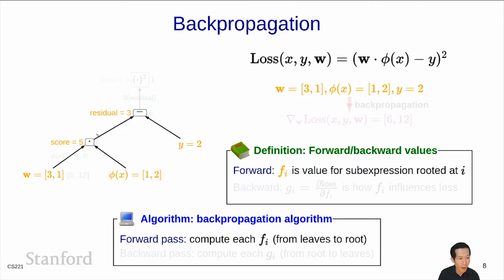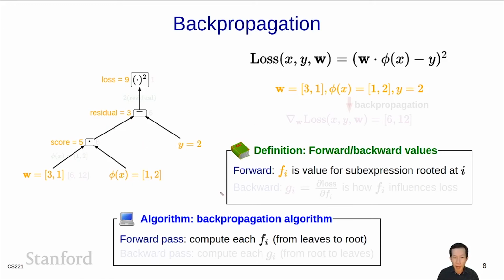Notice that the forward value of this node is 5 and the forward value of this node is 3. And now finally you square this, and the value of the squared is 3 squared, which is 9. Forward value at this node is 9. Okay, so now we're done with the forward phase. All we've done is evaluated the loss. But importantly, we have also remembered all the values along the way, which will come in handy.